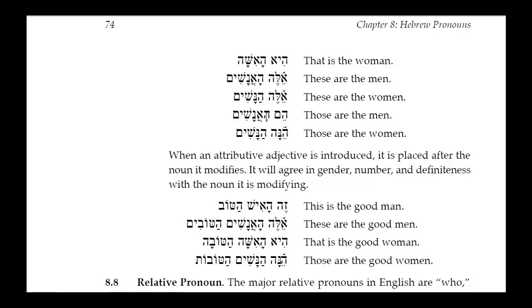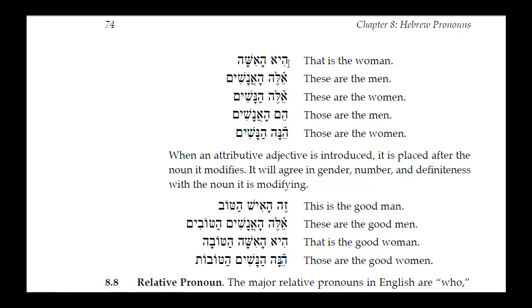Hem ha-anashim, those are the men. And hena ha-nashim, those are the women. So these demonstrative pronouns agree with the noun in gender and number, but not in definiteness, and they do not have the definite article.